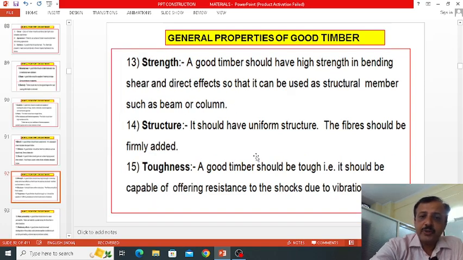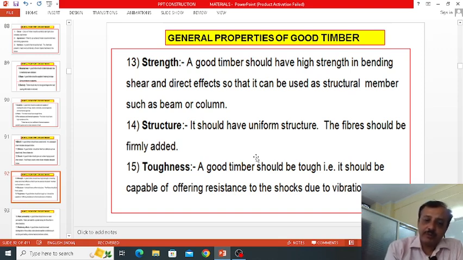Strength. The timber should have high strength in bending, shear and direct stresses, and this timber will be used as a structural member such as beams and columns, hence strength should be good. Structure. It should have a uniform structure. The fibers should be firm.